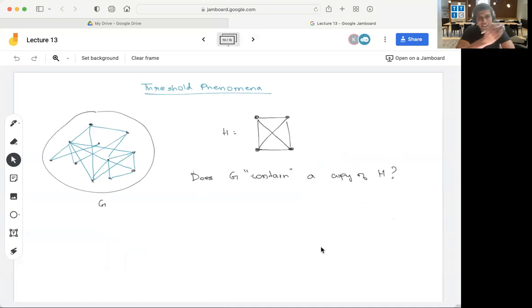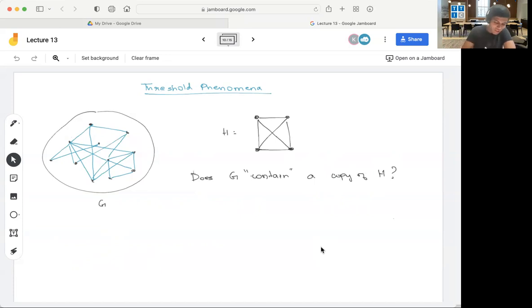graph properties, let's say we are interested in the following. We have a big graph G, and we are going to say it has a property or not in the sense of whether it contains a copy of some fixed small graph H or not.